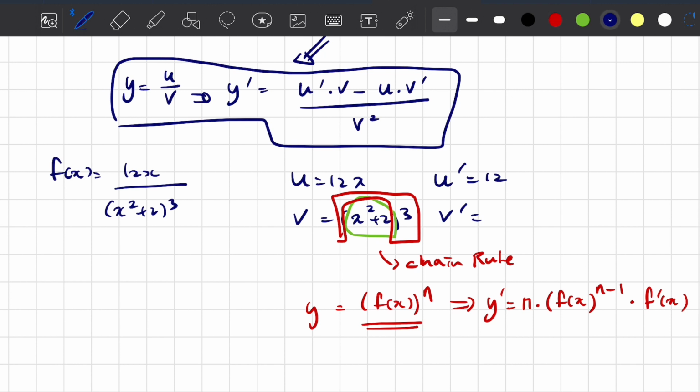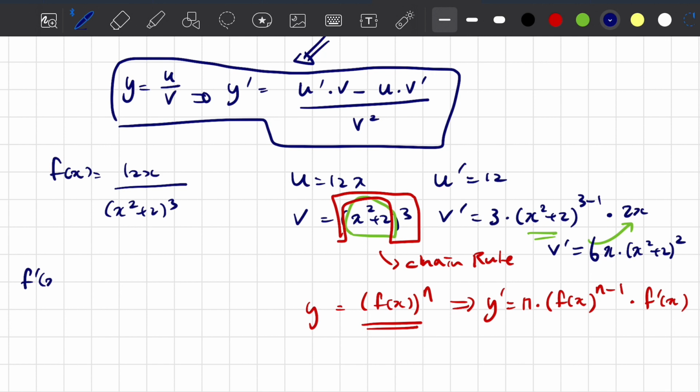In this case, v prime is 3 times (x squared plus 2) to the power of 3 minus 1, times we differentiate the inside and multiply, so we get 2x. Then v prime is 6x times (x squared plus 2) to the power of 2. Now that we know u prime and v prime, we just have to recombine them to find f prime.